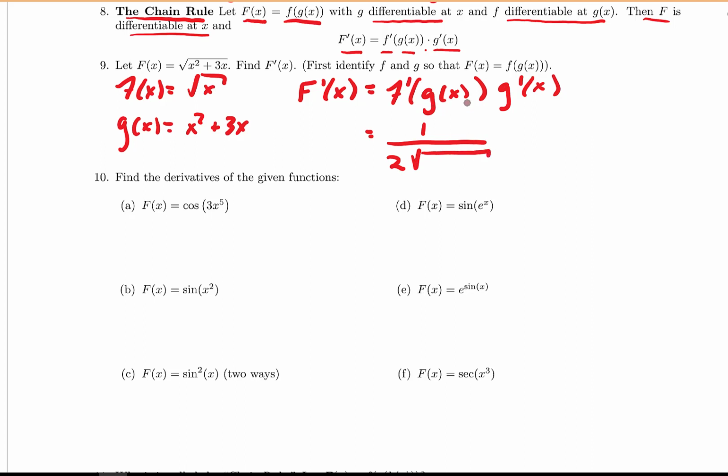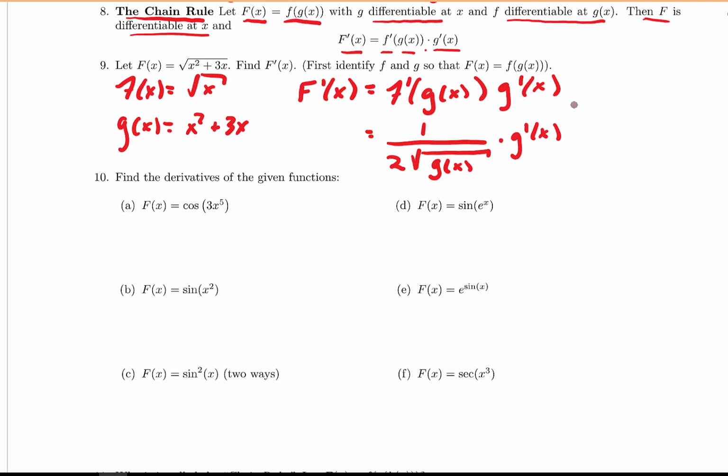But I'm going to evaluate it at g of x. So we'll pause here, we'll put a g of x here, and then we'll multiply that by g prime of x. Okay, so that's what the chain rule says we can do. Take the derivative of the outer function, so the derivative of the square root would be 1 over 2 radical, evaluated at the inner function, times the derivative of that inner function.